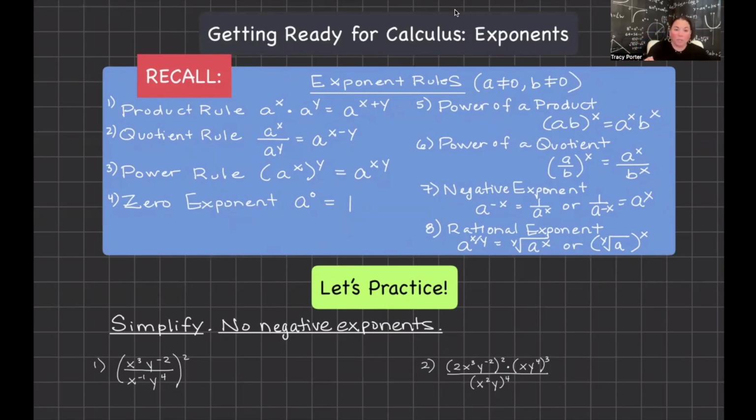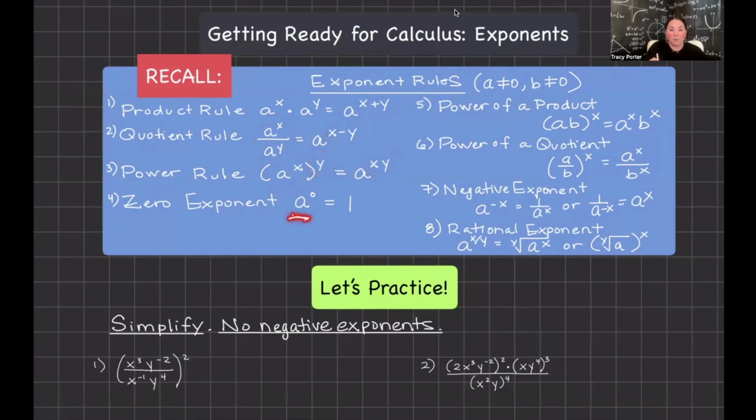So the rules are up here. You've got your product rule, which remember, if you have the same base, then we add our exponents. The quotient rule for exponents says that if we have the same base and we're dividing, we subtract our exponents. If you have a power raised to a power, we're going to multiply our exponents.